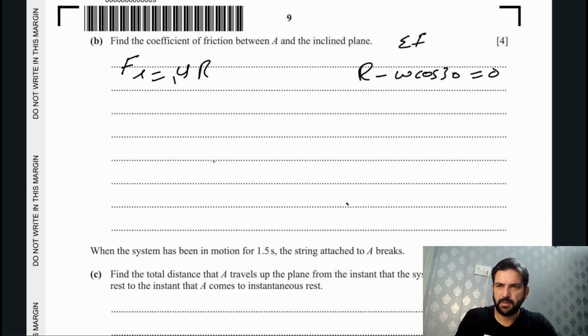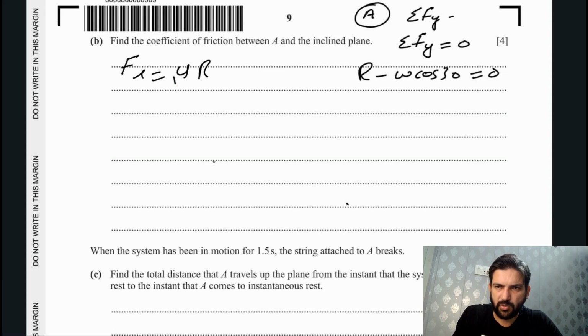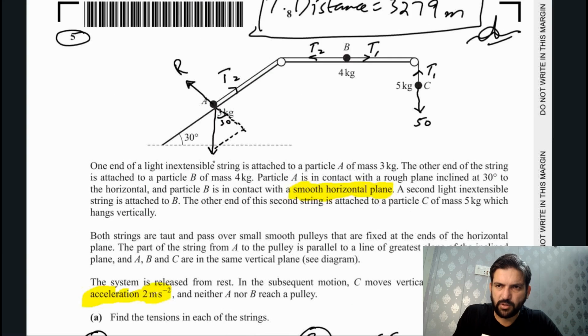Basically, we are applying summation of Fy is equal to 0 for the particle A. Why are we taking it as 0? Because we are using this concept of ma. In the perpendicular direction, the acceleration is 0. That is why we are taking acceleration as 0.